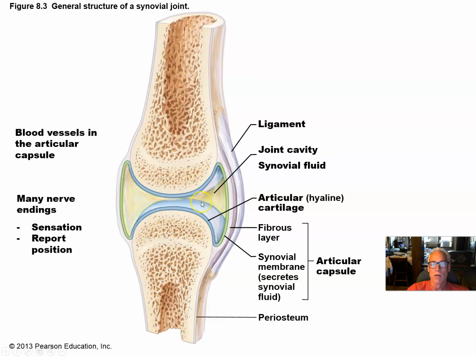The pushing and pounding of these two bones against one another kind of pumps the synovial fluid into the hyaline cartilage, driving nutrients deep into there for the benefit of the chondrocytes. And then the synovial fluid is constantly being replaced. So it's constantly being recycled and refreshed. So lubricant and nutrition for the cartilage.